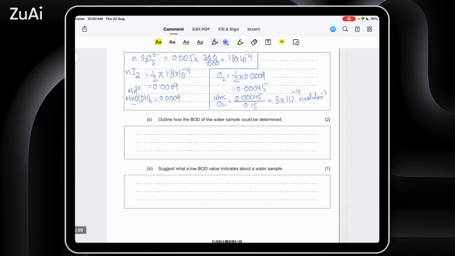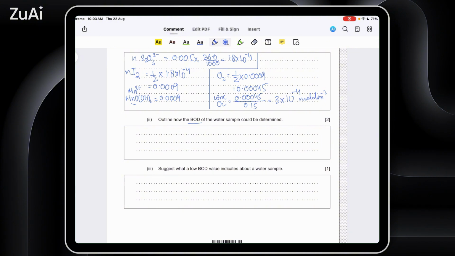Outline how BOD of water could be determined. What is BOD? That is biological oxygen demand, like how much dissolved oxygen is required in water, which is removed biologically.